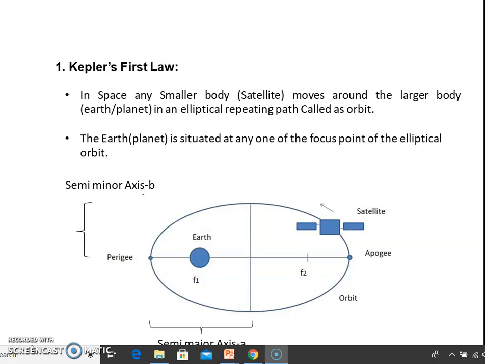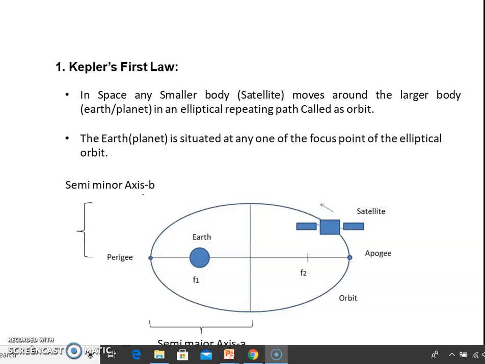So in the first law, Kepler defines that any satellite in space revolves around the Earth or any planet in an elliptical path which is called its orbit.